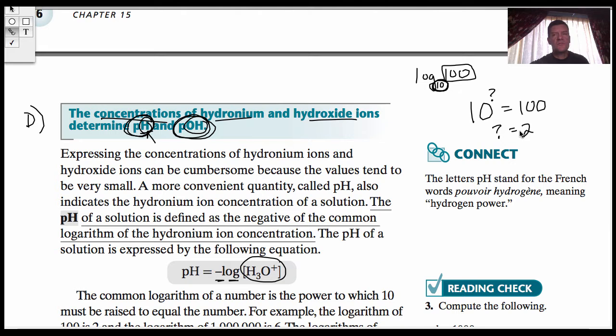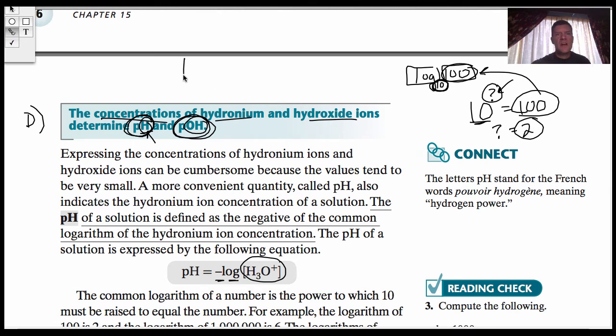And all you need to do on your calculator is punch in 100 and then press your LOG button and you would get 2. But what it means is 10 to what power? You're asking what this exponent is. 10 to what power will give you the number that you're trying to find the log of?